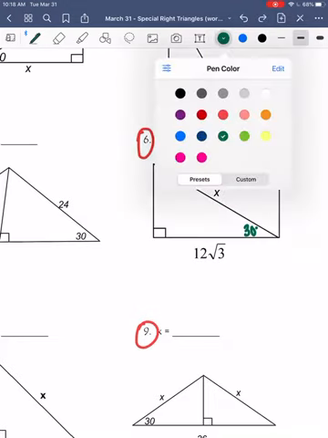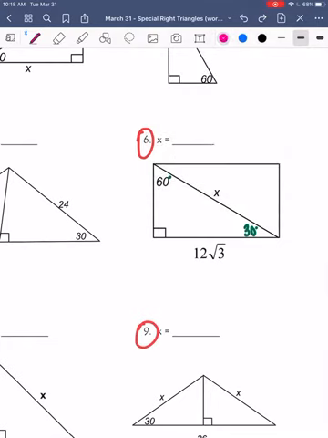Okay, so I'm going to label it across from the 30 is labeled X. Across from the right angle or the hypotenuse is 2x. So really what we're trying to find, this missing side, is the 2x side. And then that means the last side is x root 3.